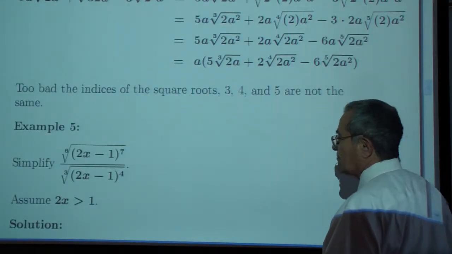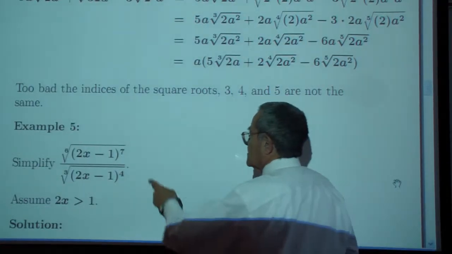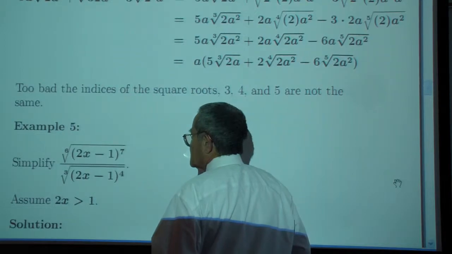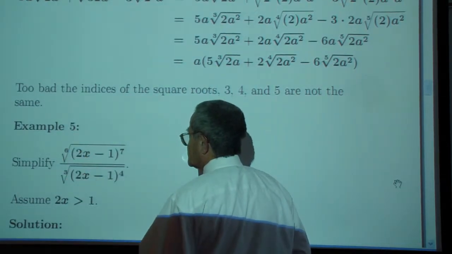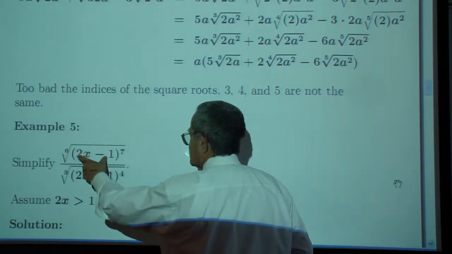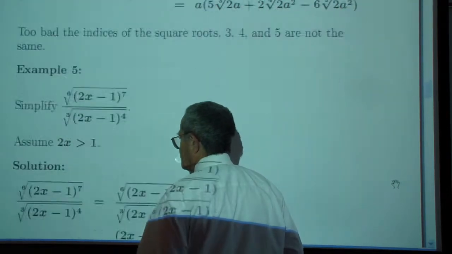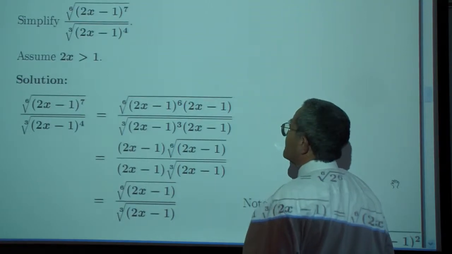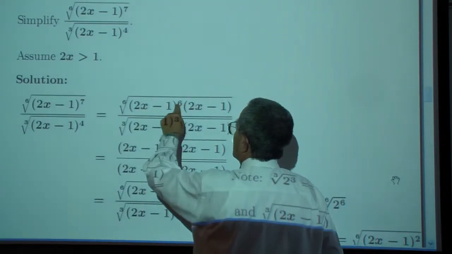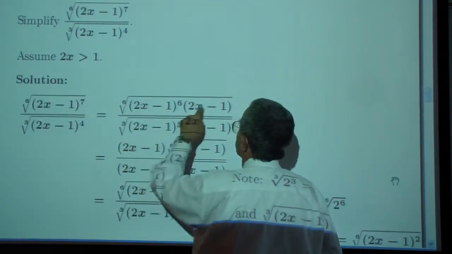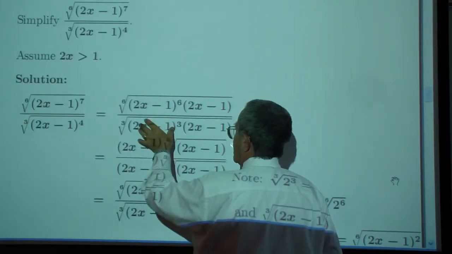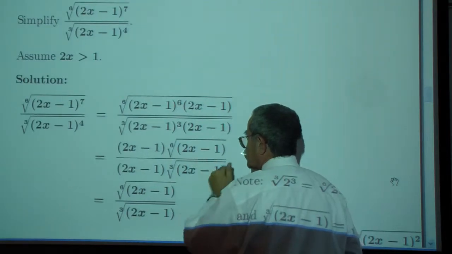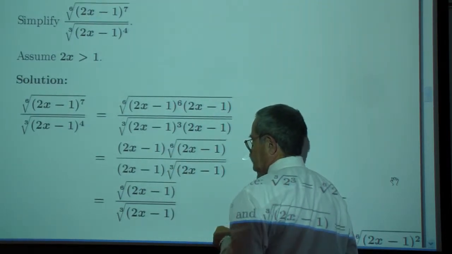Okay, another example. Reduce or simplify this. You have the sixth root, you have the second root, and you assume that this is not a negative number. So what have I done? I can take out 6 of these as 1, I'm left with 1 of them. I can take out 3 of these and I'm left with 1 of them. Too bad the indices are not the same.